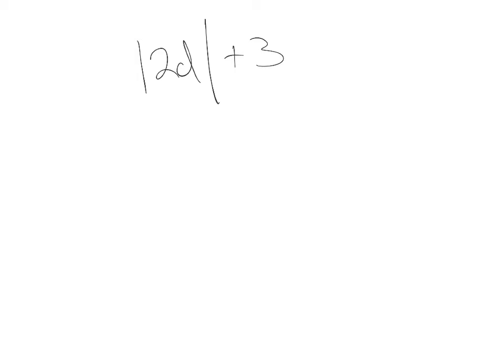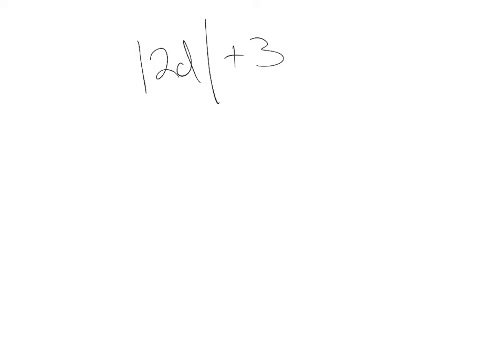We're going to split it in two again. 2d equals 18. 2d equals -18. Divide by 2. d equals 9. Divide by 2. d equals -9.